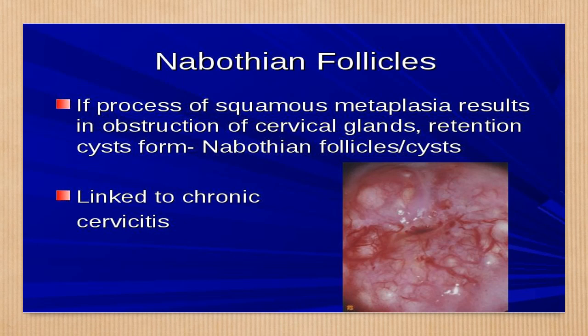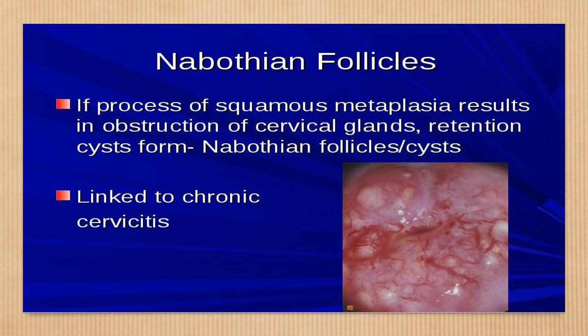Actually, in the process of squamous metaplasia, where columnar epithelium that is exposed to the acidic environment of the vagina is replaced with squamous epithelium, underlying there are some crypts of the cervical glands.